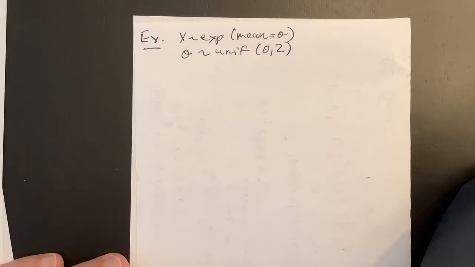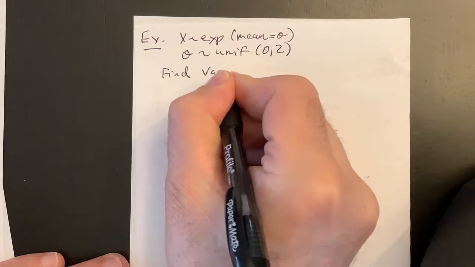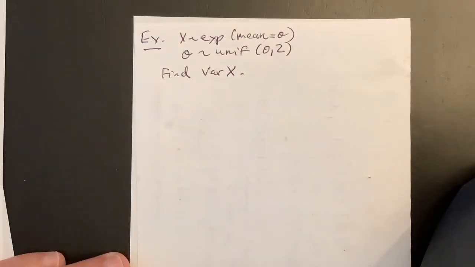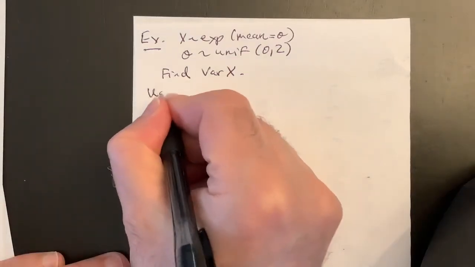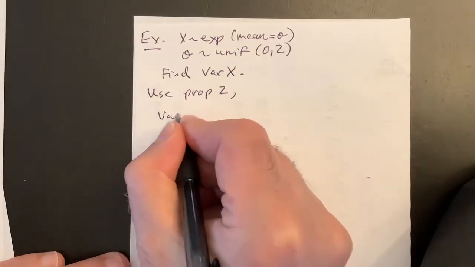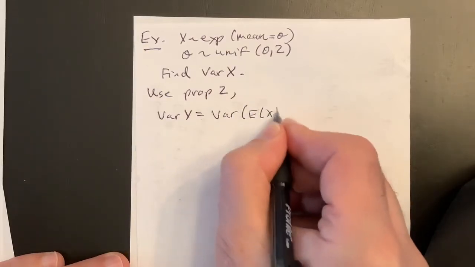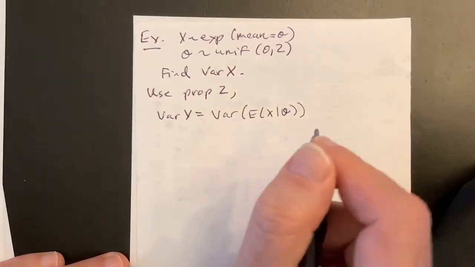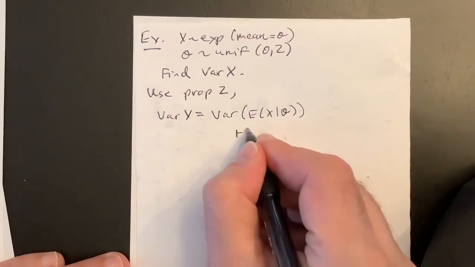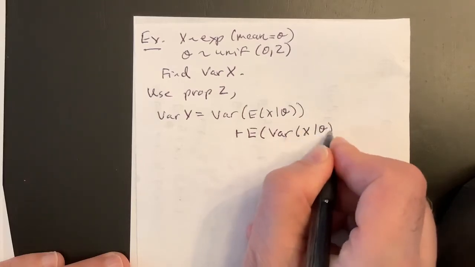So we'll just use the formula we have. Find variance of x. We need to find each of those terms, so we use property 2. Variance of x equals variance of e of x given theta, plus e of variance of x given theta.